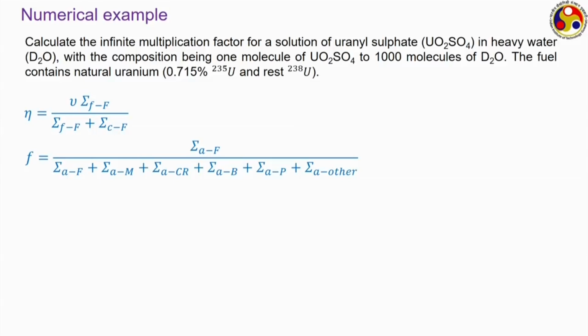So, here we have the macroscopic absorption cross section for the fuel, same as the numerator. We have the absorption cross section for the moderator, which is the D2O. Here the control rod, boron, and poison can all be eliminated as no information is given about them. But we also have this other term. Now, what comprises the other in this problem? It is the oxygen and the sulfur, which are also present in this problem.